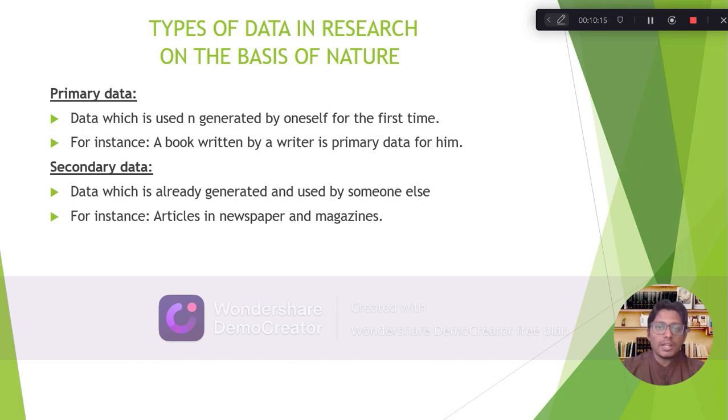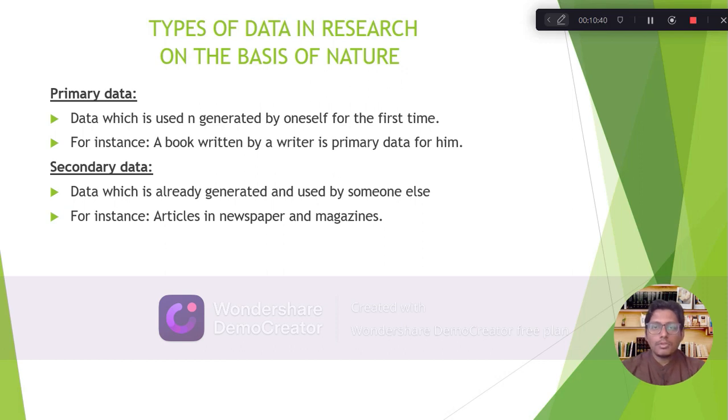For example, if I have written a book, it's fresh data, first hand data, and I am the first user of this data. So this data will be my primary data. Primary means prior, first. For example, if I've written some article or some paper or some book, then it will be primary data for me.